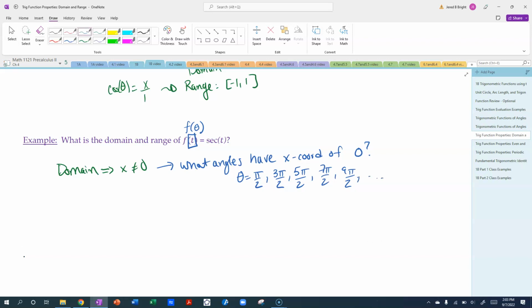So the way we represent the domain would be using set notation. It's a little weird, but we read this as all, let's do it in angles, all theta, or all angles, such that theta is not equal to pi over 2 times, and here's how we represent that odd piece, 2k plus 1, for k in integers.